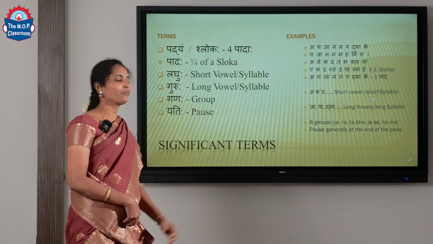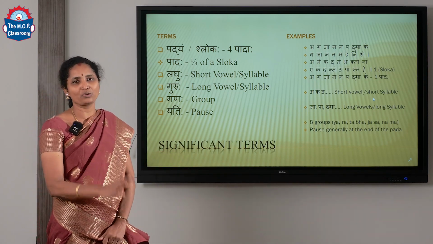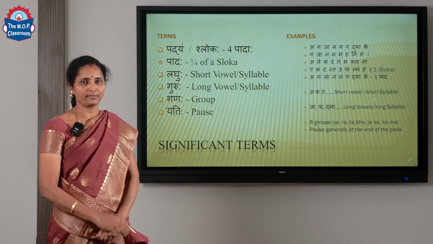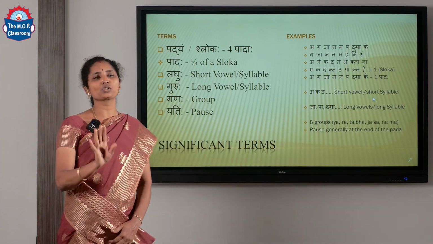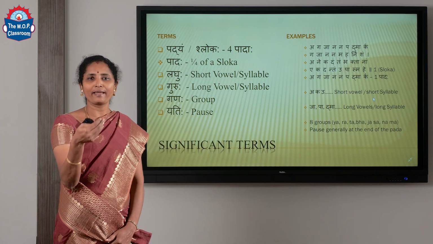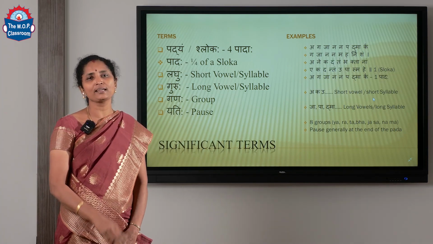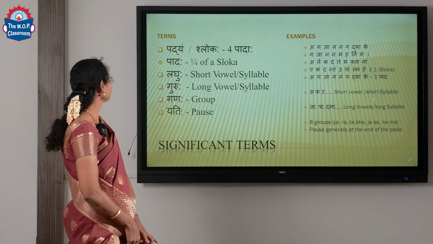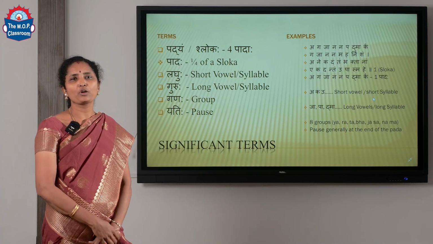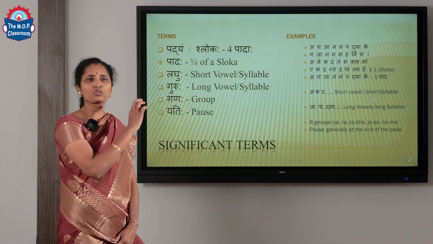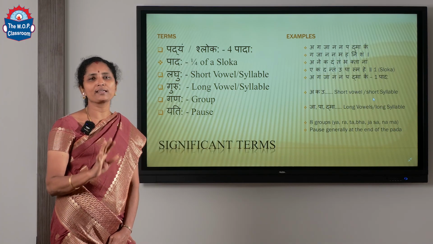Now let us see some very significant terms that a person must know when dealing with Chandas. First, Padyam or Shloka. We all know a Shloka. It has 4 lines. One verse or Shloka is called a Padyam. And then the word Pada, which is very important because everything is based on it. 1/4 of a Shloka is called a Pada.